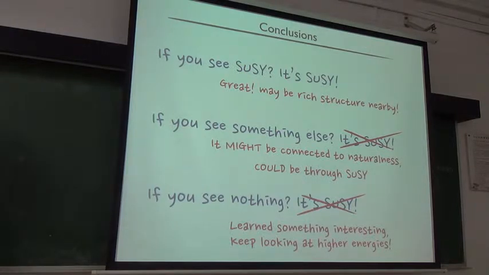So you can make your own judgments about the aesthetic value of this model, but it's kind of a benchmark or a proof of principle of what it takes to have naturalness after LHC 14, and if you think that is a good thing to keep looking for at future colliders. So you still might learn something interesting even at higher energies about naturalness.